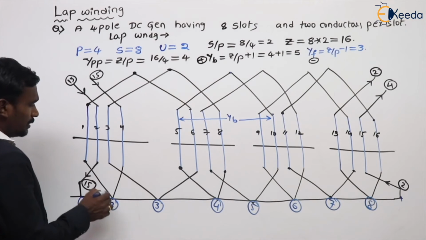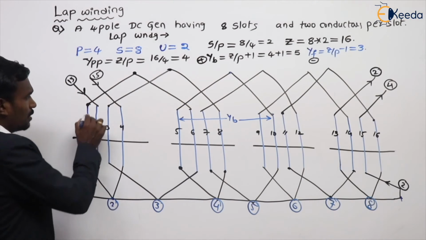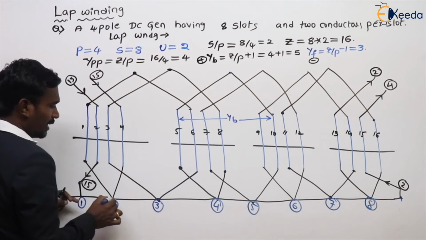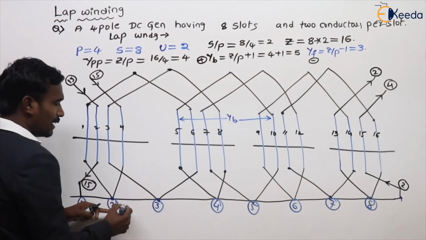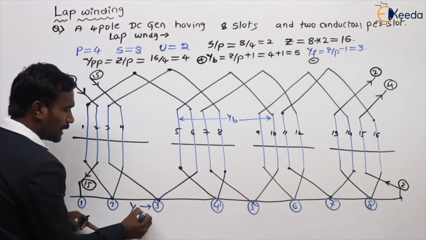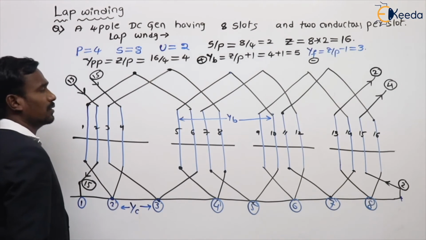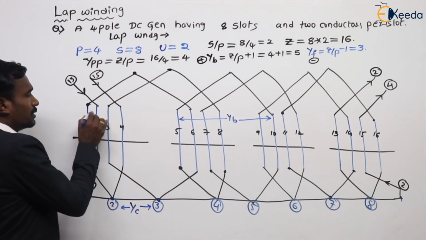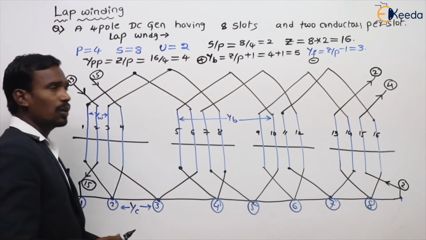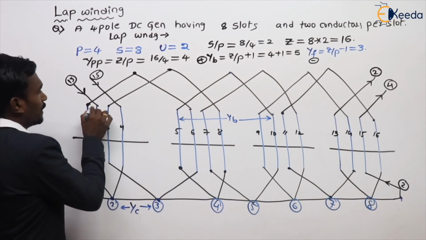See here, this is one coil. One coil end is connected here, one coil end is connected here. The distance between these two is called commutator pitch. Commutator pitch is 1. And this is called winding pitch. Winding pitch is 2. And where is back pitch?